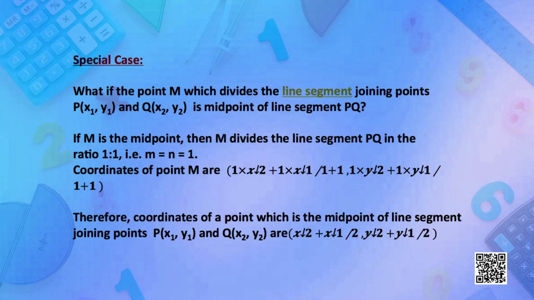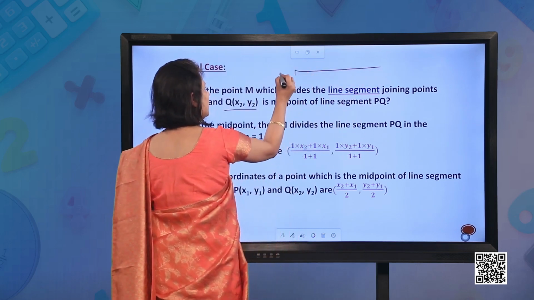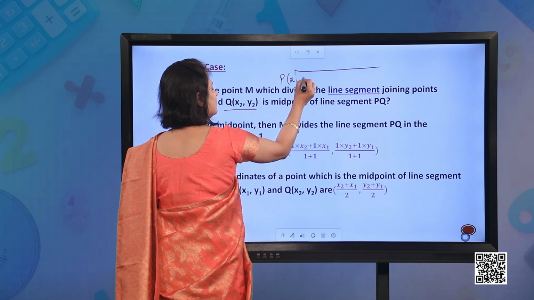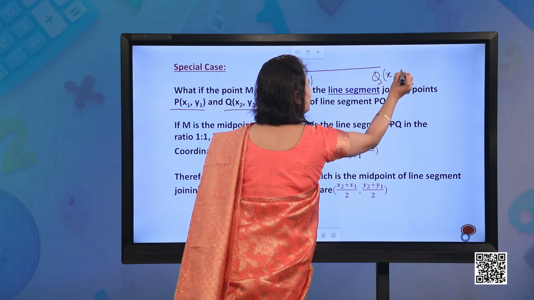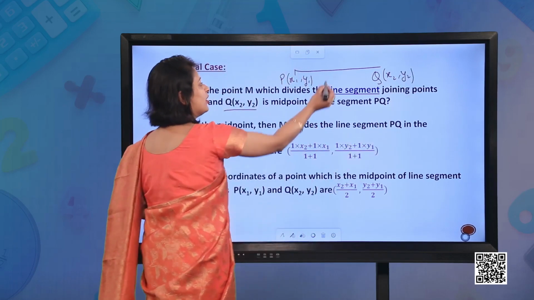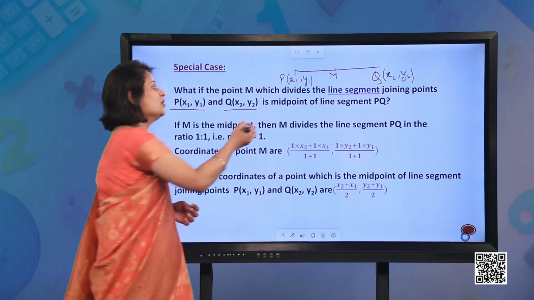Now let's take up a special case. What if the point M, which divides the line segment joining points P, x1, y1 and Q, x2, y2, is the midpoint of line segment PQ? Means what? I have a line segment P, x1, y1, Q, x2, y2 and I have a point M on the line segment which is dividing this line segment into two equal parts.